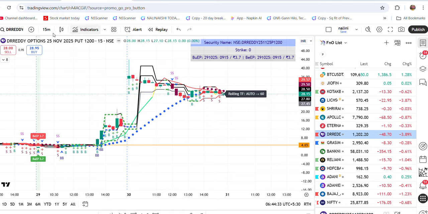You can see over here, episodic pivot was already formed on the 29th. So the episodic pivot has formed around 3.4 rupees. It says on 29th 3.7 rupees. See, it doesn't plot every day.